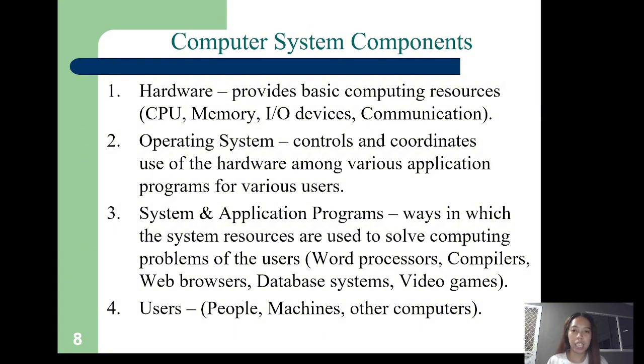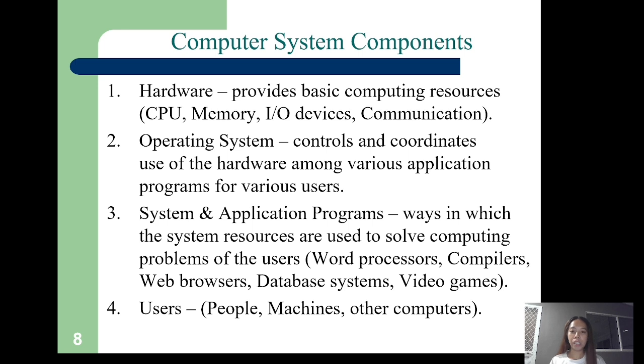Let's discuss the computer system components. So we have four components: hardware, operating system, system and application programs, and users. The first is hardware.